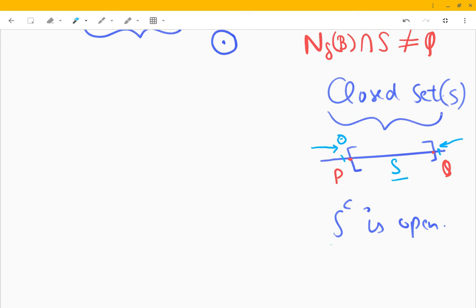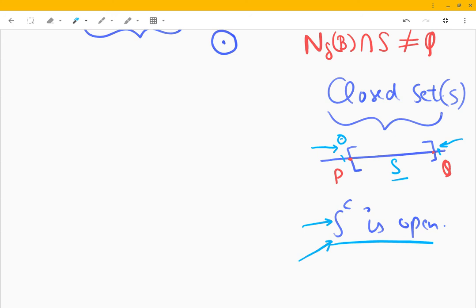This implies that S complement is open, because the delta neighborhood of all the points in S complement lies inside the set S complement. Again, slow the video, listen to me again and again. It is fairly simple. If you are confused, it is fairly simple.